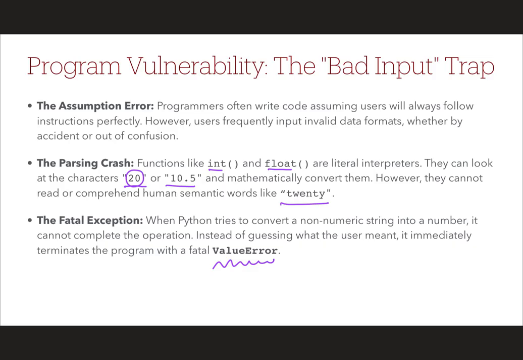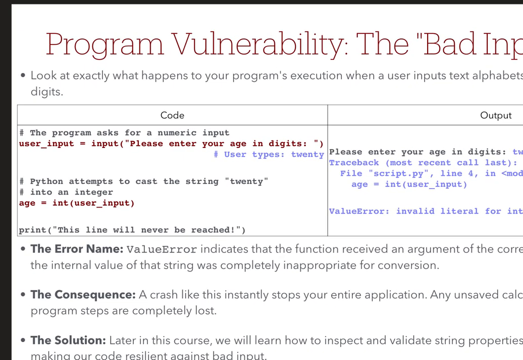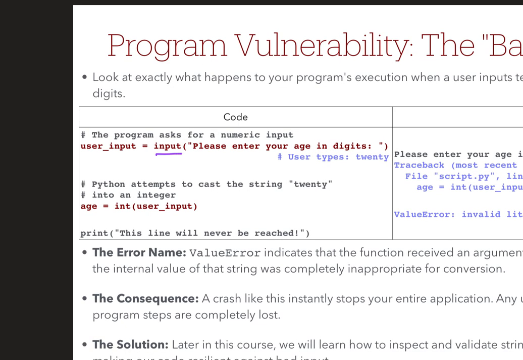So here is an example. If I have this input function as before, I create the user input. Suppose that the user types "twenty" in words, not 20. Well, the prompt says please enter your age. Even though the prompt asks for digits, if the user does not follow that instruction and types in words, then this user input will have that value.